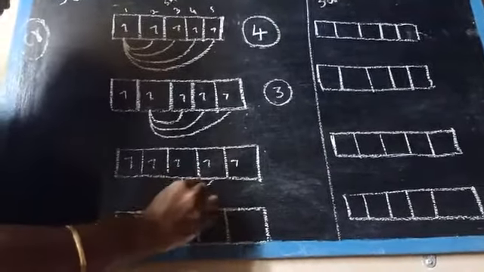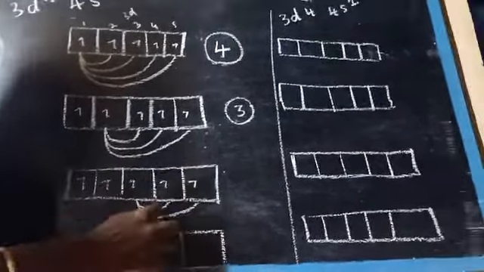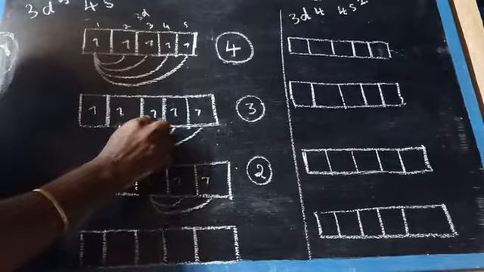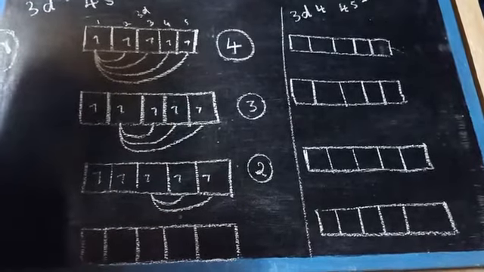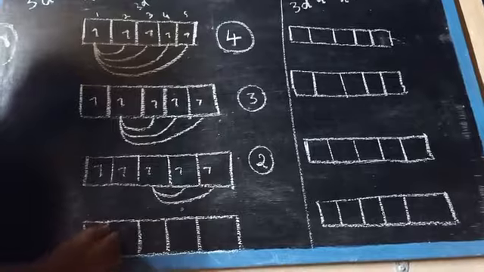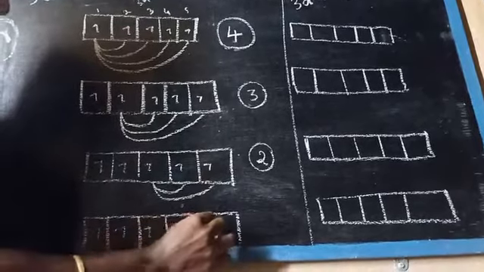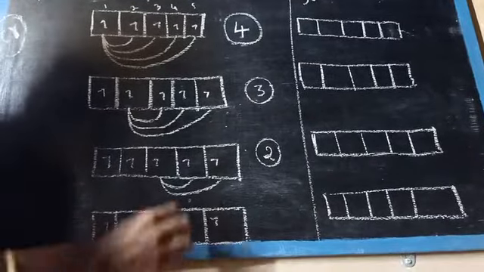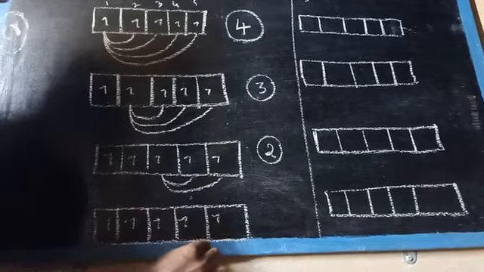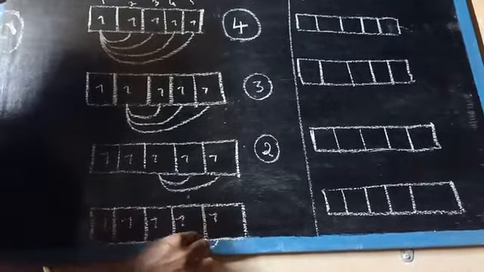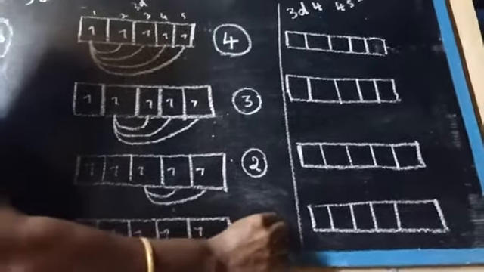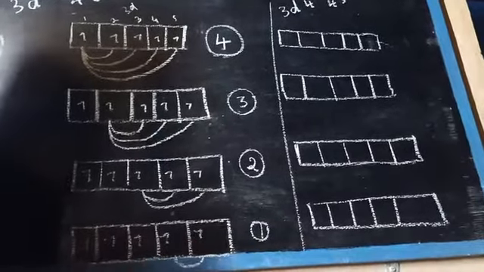How many are possible? 2 exchanges are possible. When this electron moves here, it releases some amount of energy. In the same way, 1, 2, 3, 4, 5. Now the fourth position electron shifts here, and an exchange is possible. So here only one exchange is possible.